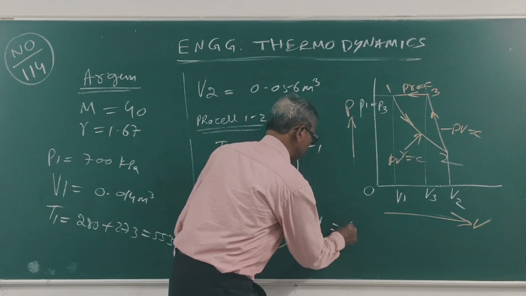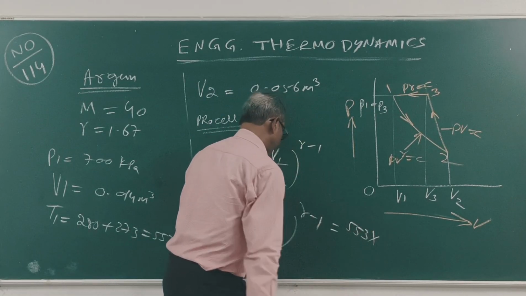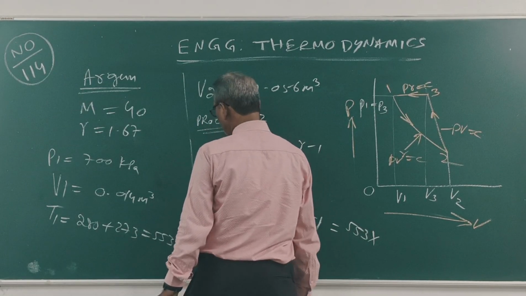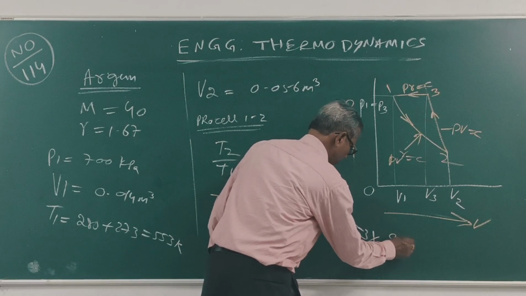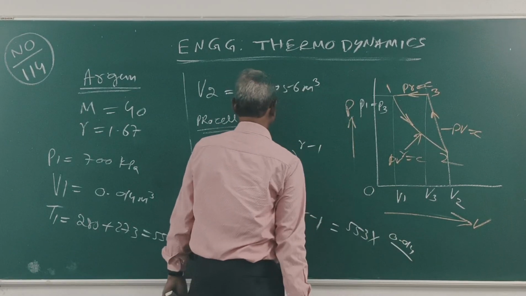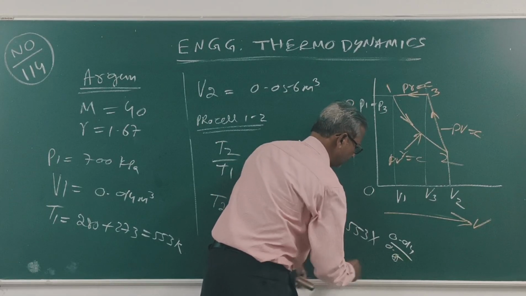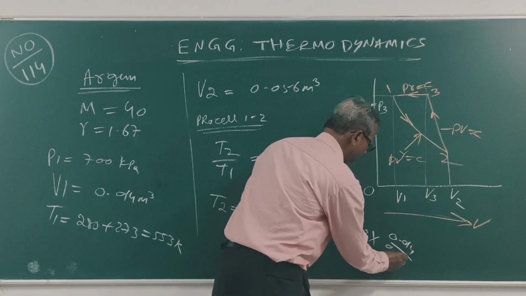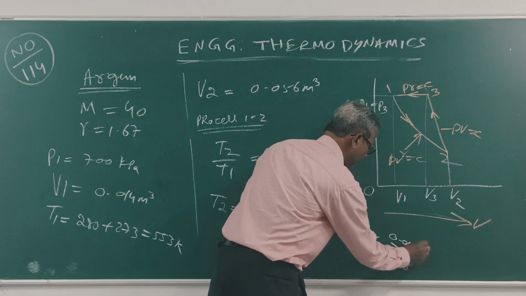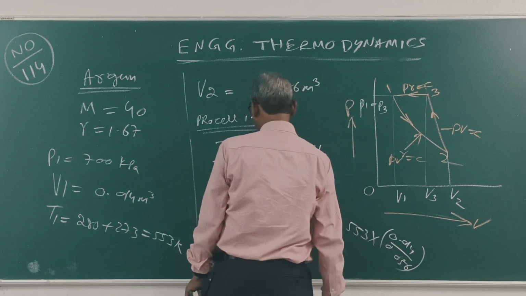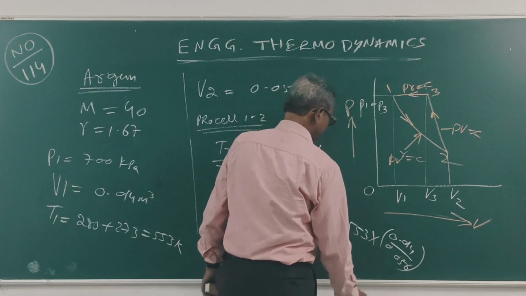This is equal to 553 into 0.014 by 0.056 to the power of 1.67 minus 1.